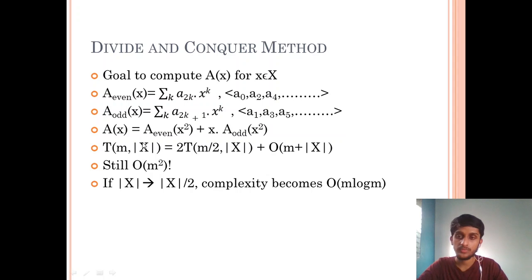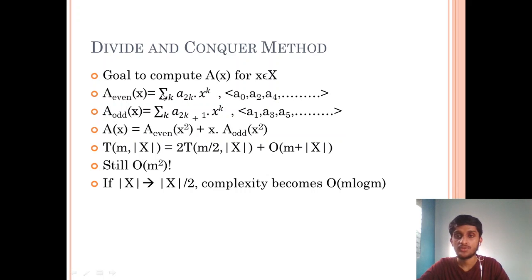If we want to write A(x) in terms of A even and A odd, we can represent it in this form. The index of the coefficient corresponds to the power of x in the A polynomial, right? So to incorporate A even to display A(x), we would have to input x square.